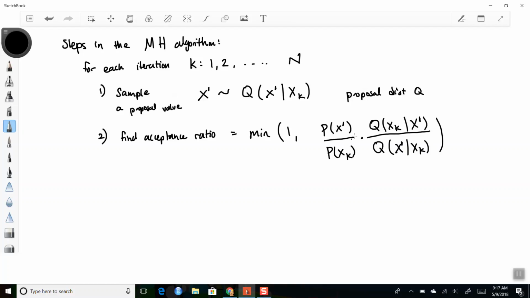So this is the probability of proposing xk if you're at x prime and the probability of proposing x prime if you're at xk, right? So this is how it changes, okay?